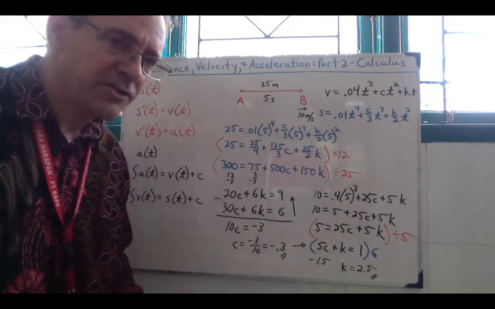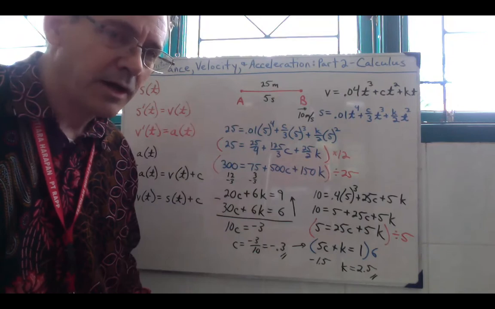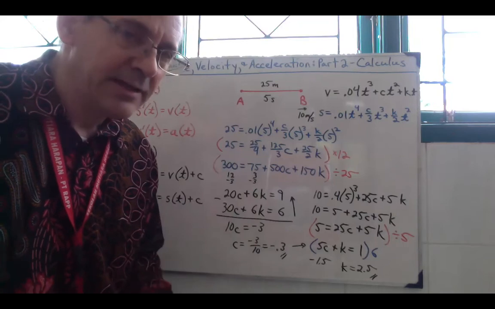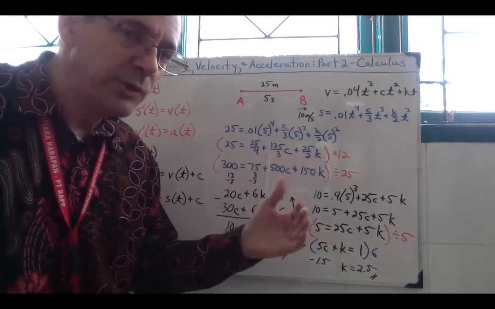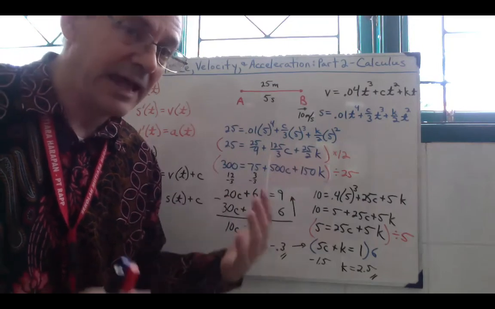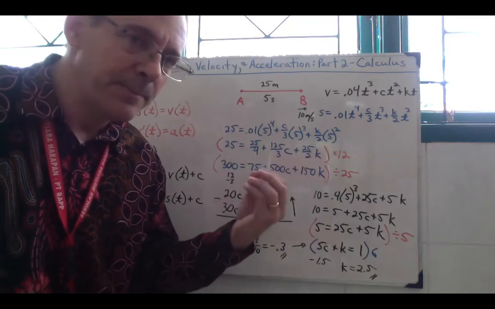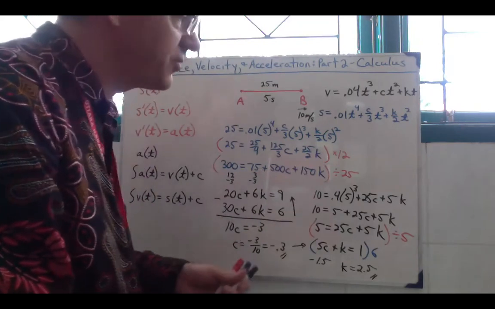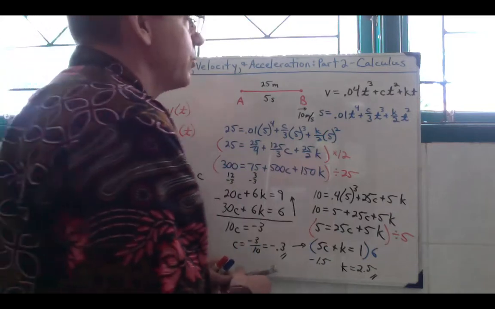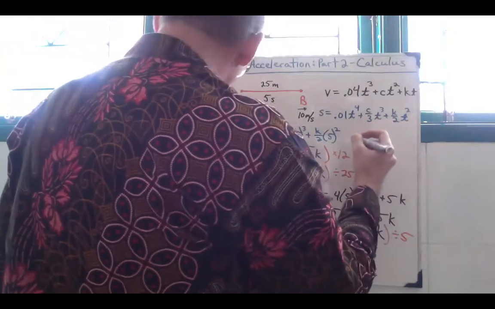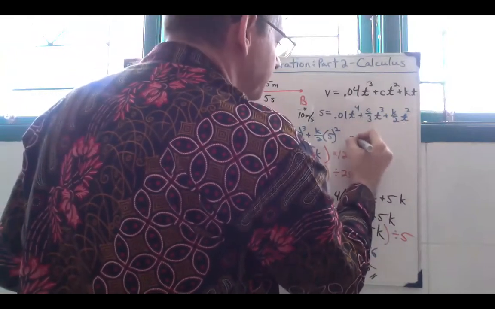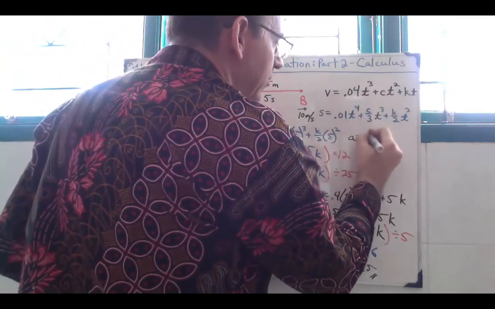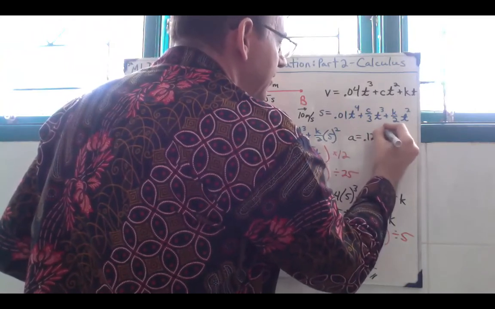And now it wanted us to show that the acceleration was minimum at t equals 2.5. Now it says to show, so that means we need to end up with t equals 2.5 as our answer, but it said to show the minimum of acceleration. So first of all we want to find our acceleration. We're going to take the derivative of our velocity function. So our acceleration would be 3 times 0.04, which is 0.12t squared.